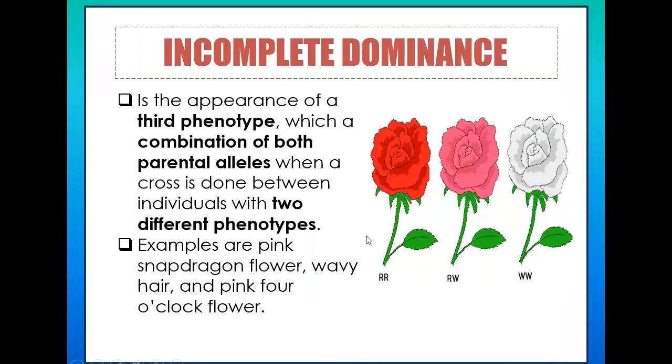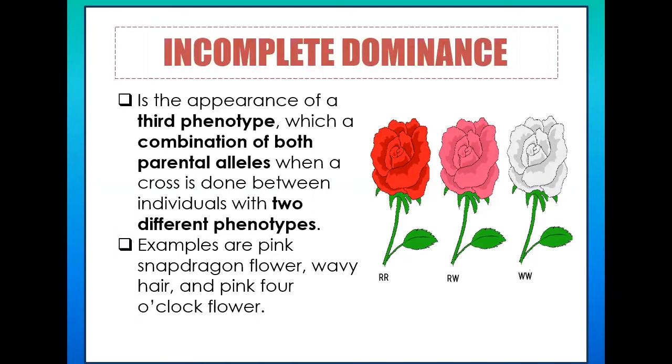Remember here, class, that the trait of one parent and the trait of another parent, both of them are dominant. We cannot say that one trait is recessive to the other trait of the parent. Both of them are dominant. But here on the offspring, both of these parental alleles mix together to form a third phenotype.